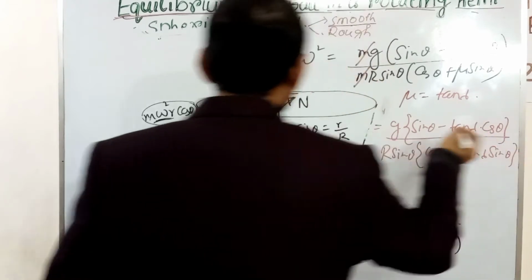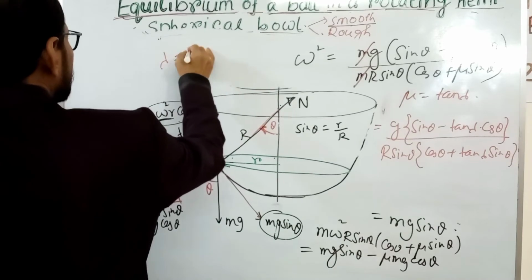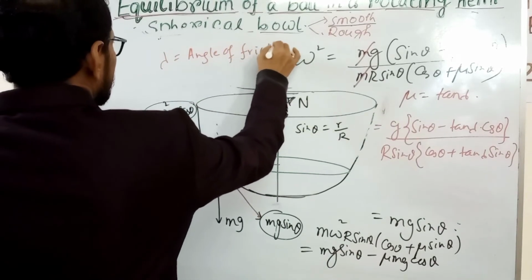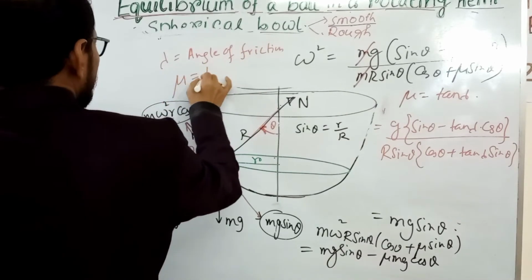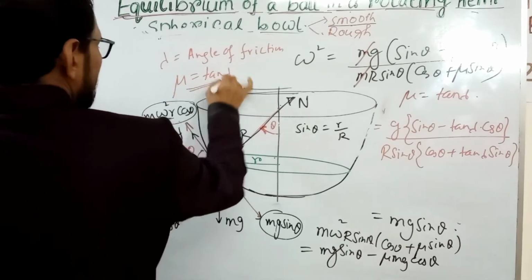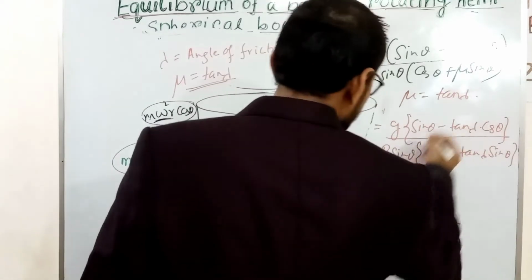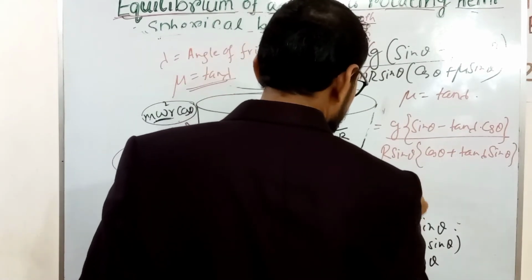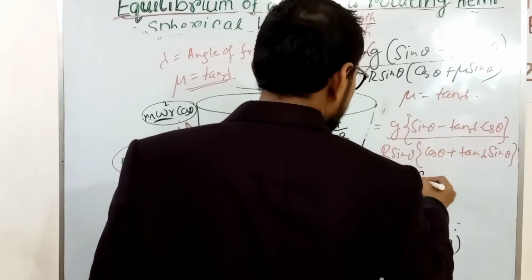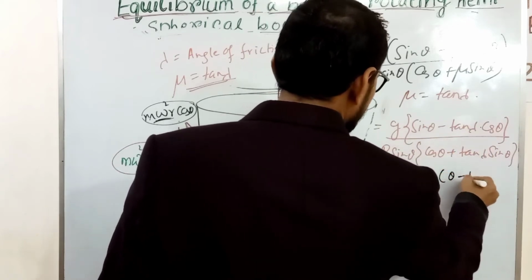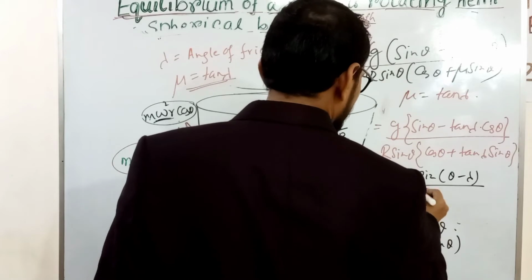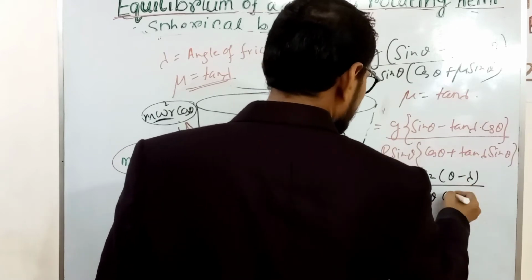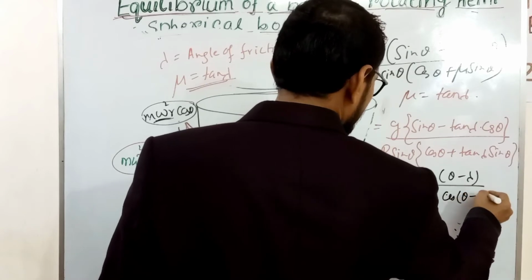What is lambda? We know lambda is the angle of friction, and the result is mu equals tan lambda. We know mu equals tan lambda is a formula. So if we simplify, we get g into sin lambda by cos lambda, sin theta minus lambda, by R sin theta, sin lambda by cos lambda, cos theta minus lambda.